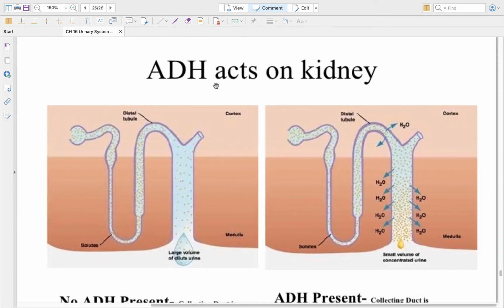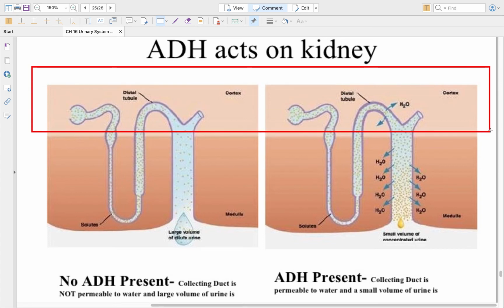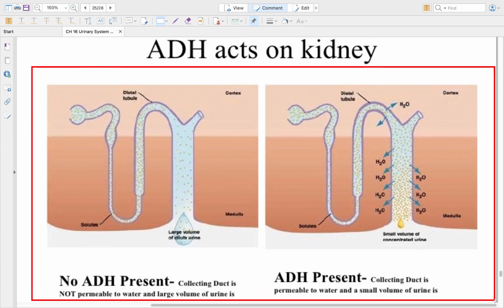Okay, we're going to zoom in on this picture. If you pay close attention, I'm going to grab a box. Now, the first one is with no ADH present. ADH comes from the brain. It's released by the hypothalamus.